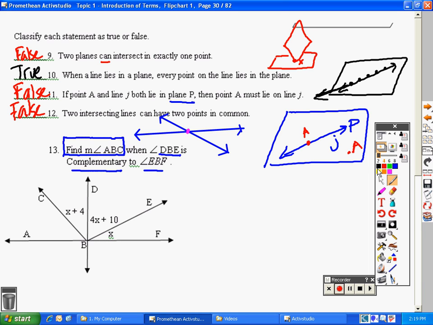Now we learned that complementary was when 2 angles add up to 90 degrees. So we know that angle DBE plus angle EBF add up to 90 degrees.